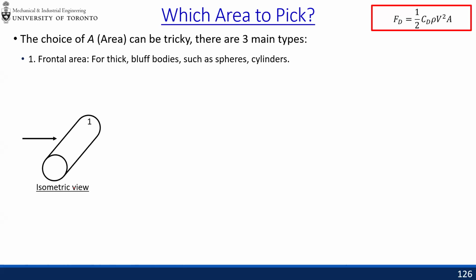So first one, for stuff like, say, a sphere, a very long rectangular block, or a cylinder, we call those bluff bodies, then we use the frontal area. So let's say this is where the velocity comes in, and then imagine your eye is here, and you look into that. So that area becomes just a rectangle because you're looking in from the front.